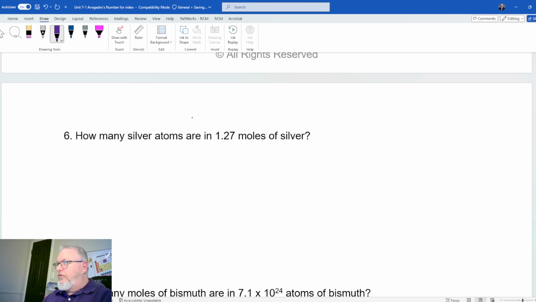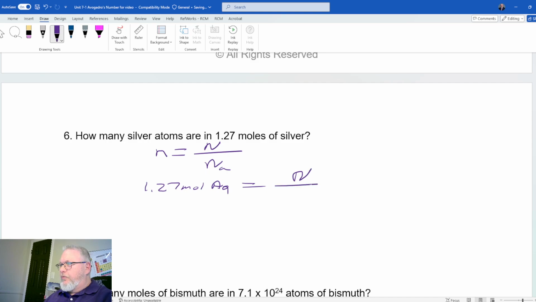Well, let's write our little formula in there. n equals capital N, the number of particles, and that's what we're looking for, divided by Na, which is Avogadro's number. So let's just put it in there, 1.27 moles of Ag, that's silver, equals N, that's what we're looking for, the number of particles, divided by Na.